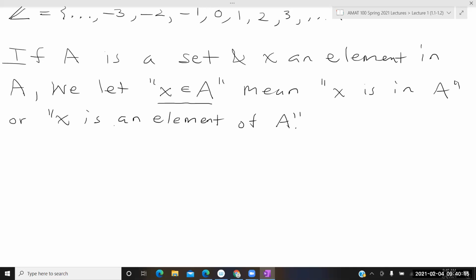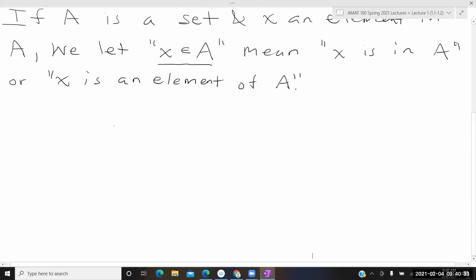So let's say you have a set of red things. You collect all things that are red and put them in there, and they are in that set by virtue of being red. They satisfy this condition or property. And so we want to be able to express that in a short way that will enable us to define more complicated sets. So we have this so-called set builder notation that allows us to do this.